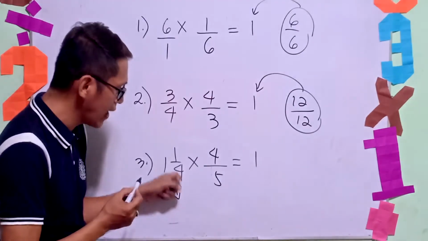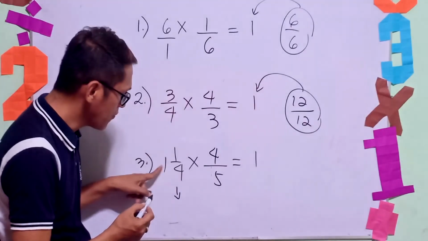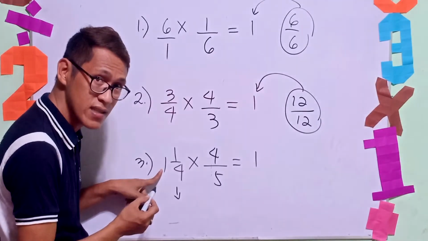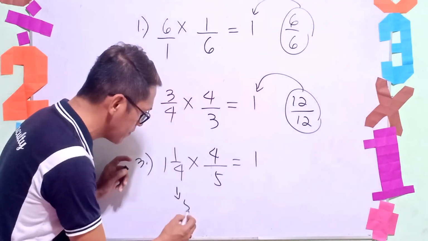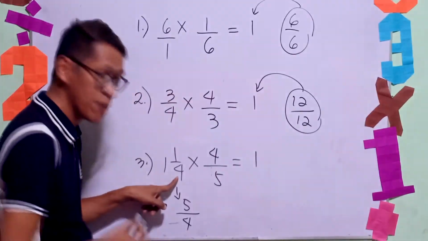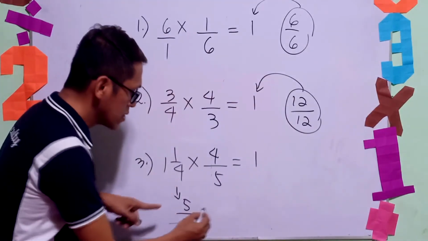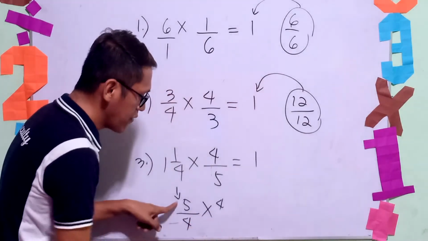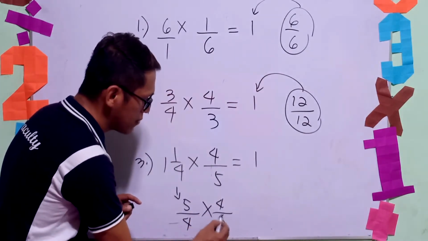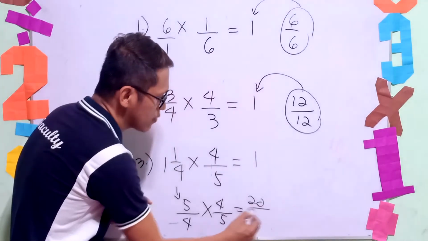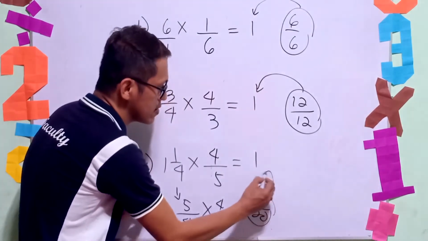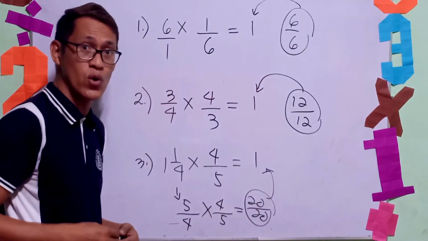Again, multiply, then add. So this is 4 times 1 is 4 plus 1, that's 5, over, copy the denominator 4. So if you multiply 5/4 times 4/5, that will give you 20/20. And this is just the same as 1 whole.